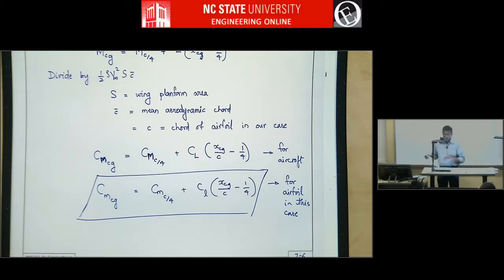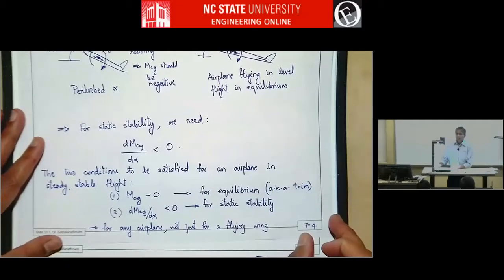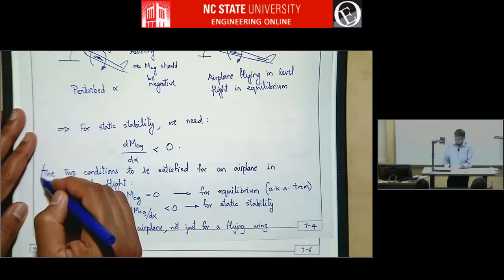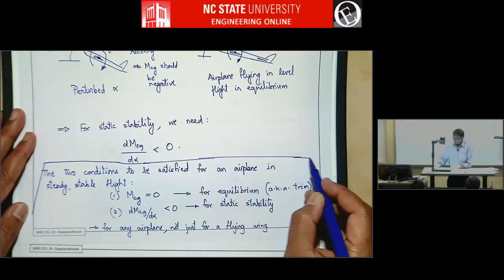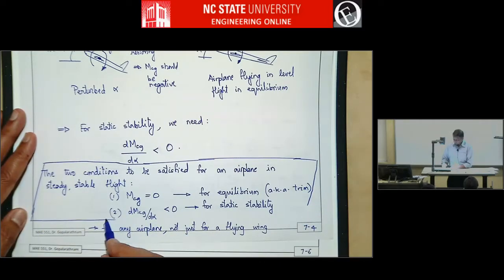And 2 pages back, we laid out the conditions we need to satisfy. So this is going to be a critical driver for what we are doing with the unswept flying wing.